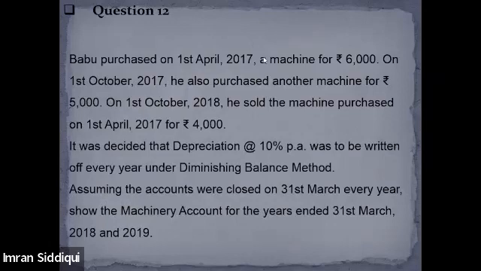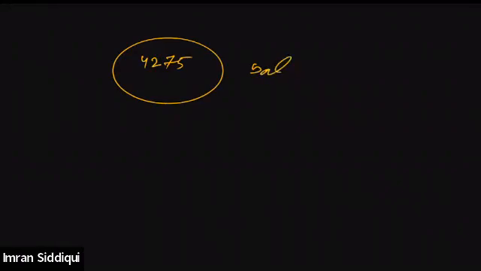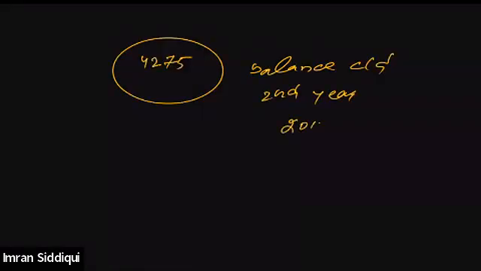You should get a closing balance of 4,275. 4,275 will be the balance at the end of the second year, that is 2018-19. If you get 4,275, that means you have done it correctly.